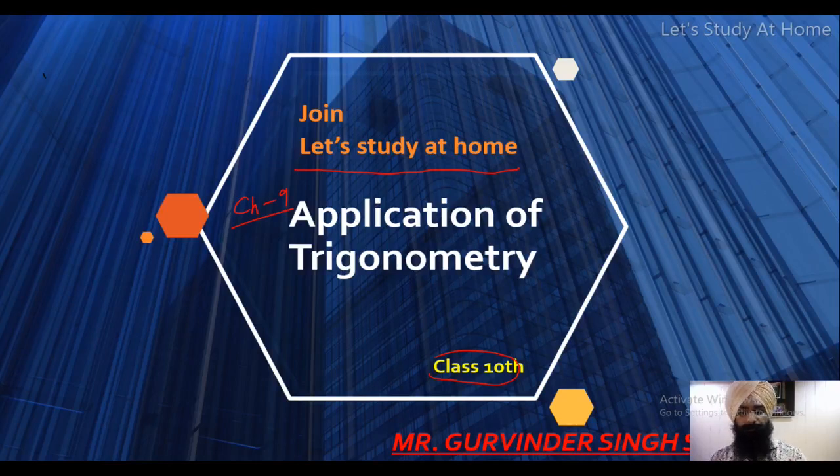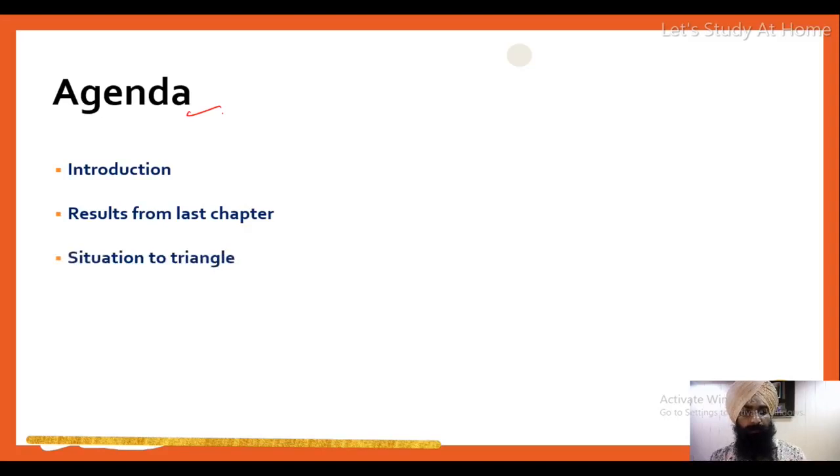Okay, this is our chapter. Okay ji, let's come to the first slide. This is our agenda. What will we do? First of all, introduction, then results from the last chapter, that is, the trigonometry functions we have done, and we will revise them also. Next, a situation will be given, and we will convert that situation into a triangle.